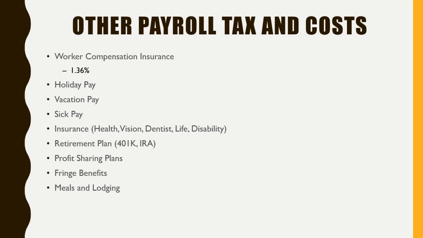The last thing that we're going to be looking at as far as payroll taxes or other contributions that we need to incur on our side for having employees is making sure that workers' comp is definitely there. Anything else that we compensate, such as holiday pay, vacation pay, sick pay, insurance, obviously.